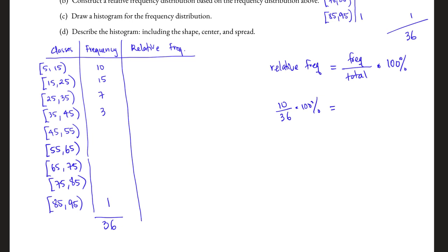Oftentimes, we want to report either 1 decimal percent or whole number percentage. So we're going to round it to 28%. For the second class, the relative frequency is therefore 15 divided by the total 36 times 100%. If we round it to whole percentage, this is 42%.